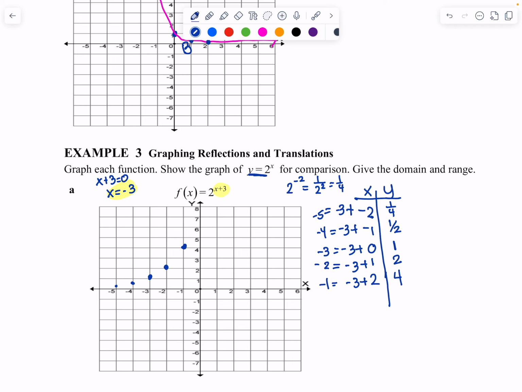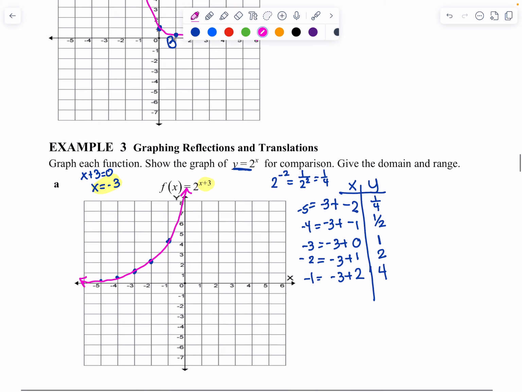Yeah. Looks like it's forming that curve, right? Okay. Now, y'all see, it shifted over 3 units to the left. We see that, right? It shifted to the left.